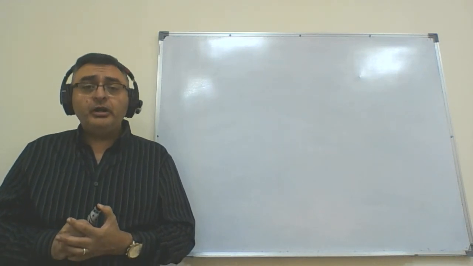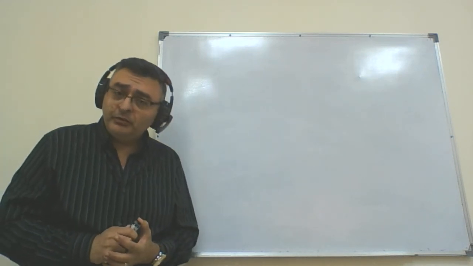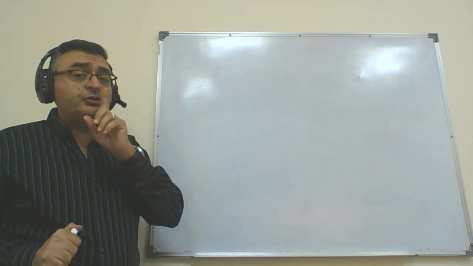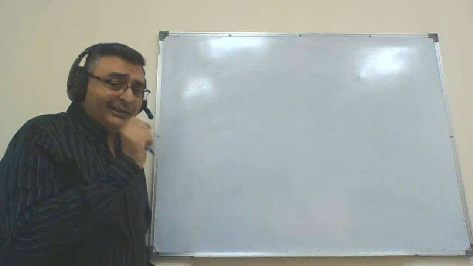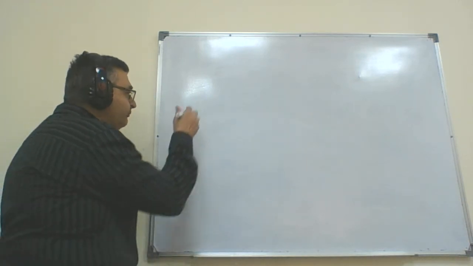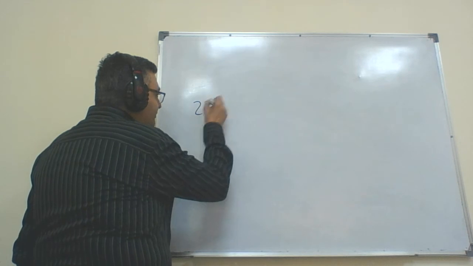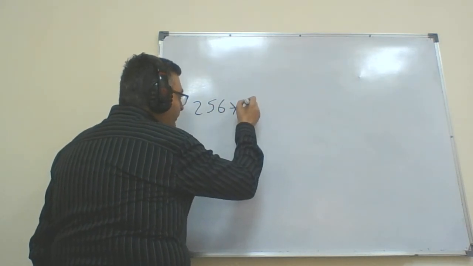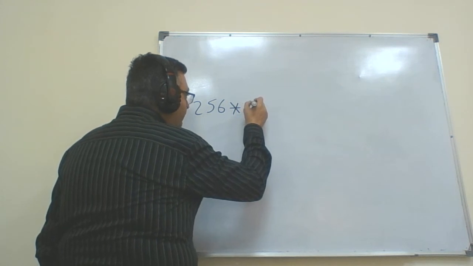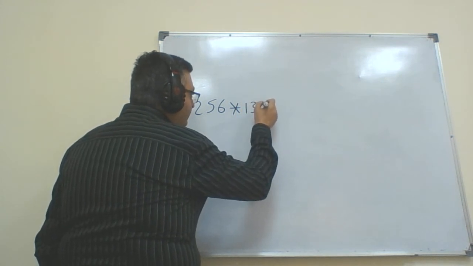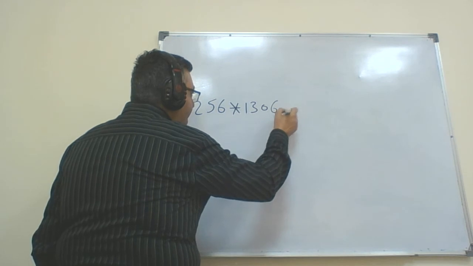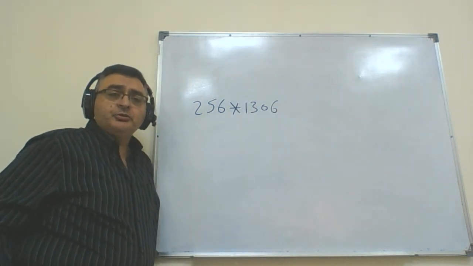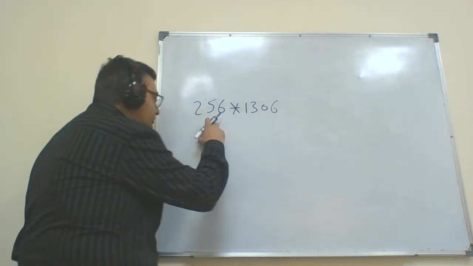The first thing that will come to your mind, if I give you this complex operation and ask you to do it, is that you will start by writing the numbers down. 256 multiplied by 1,000, maybe 306, whatever. So the first thing that comes to your mind is to write the numbers down.